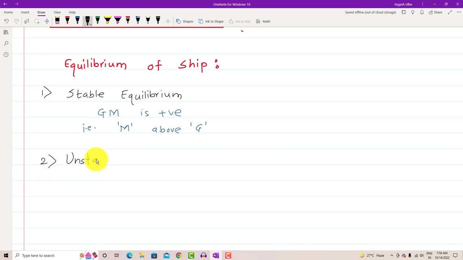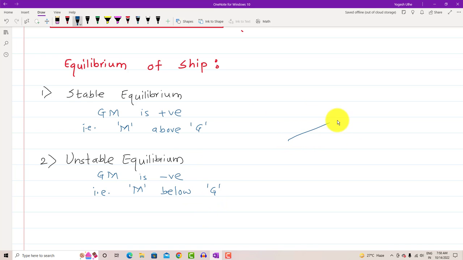The second type of equilibrium situation is unstable equilibrium. In that situation, GM is negative, that is, M is below G. What is the meaning of unstable equilibrium?